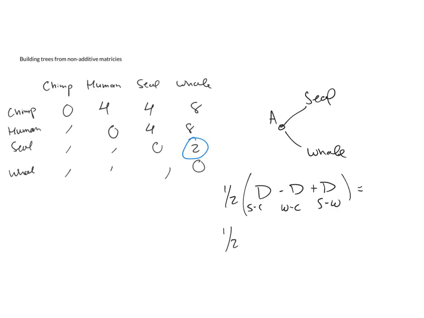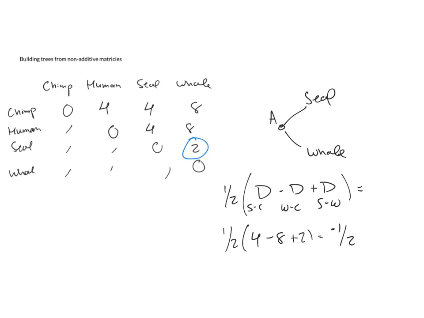That equals 1/2 times (4 minus 8 plus 2), which equals -1/2. And so we can't have negative edge lengths. These need to be positive. So this matrix doesn't work, so we need a new algorithm.